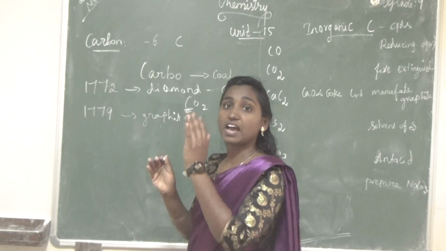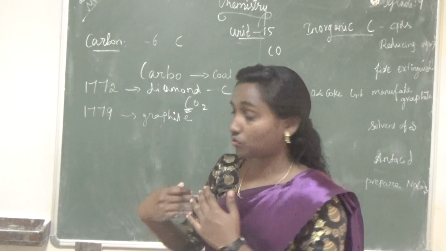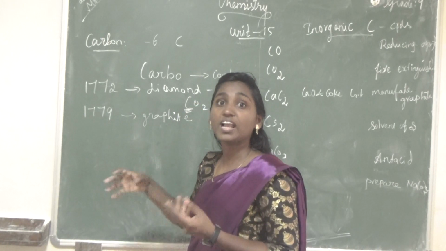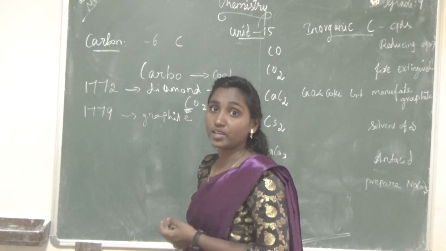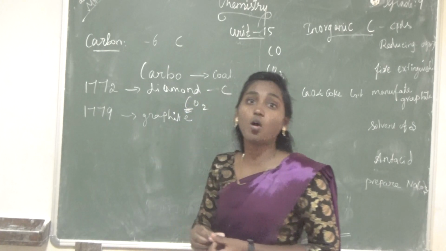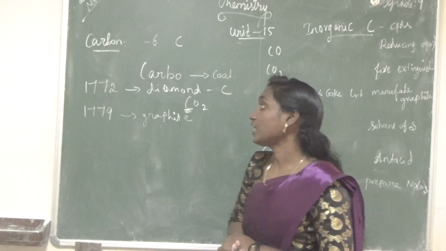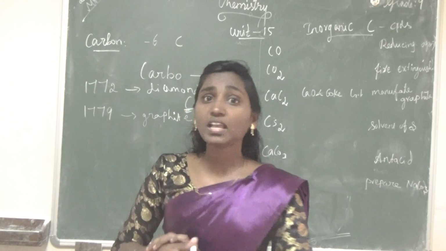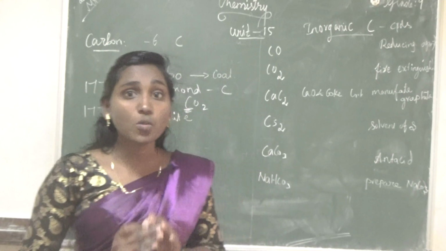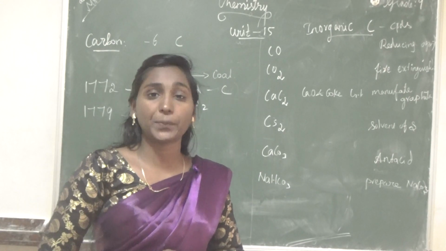They kept the graphite in a closed glass jar and focused the sunlight. Here also the graphite burned and formed carbon dioxide, so they found out graphite is also made with carbon atoms. Another scientist, Benjamin Brodie, in the year 1855, also proved that graphite contains carbon atoms.